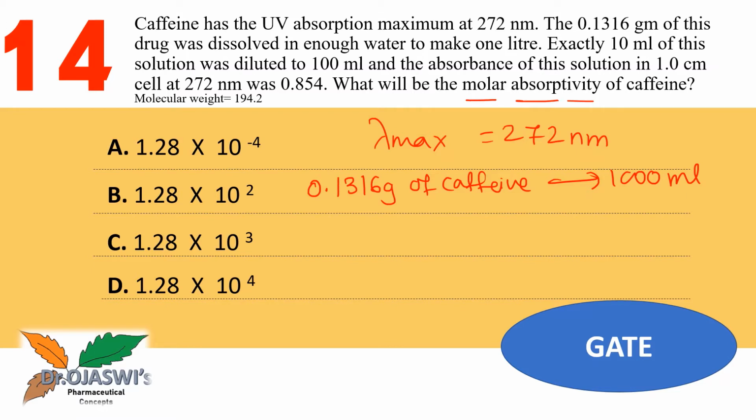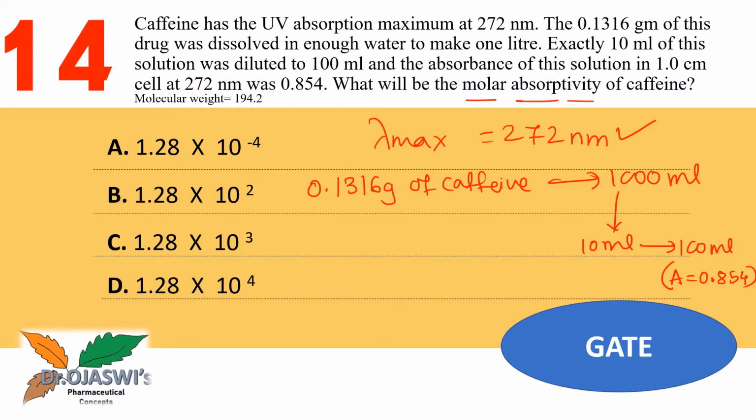So from this, 10 ml is withdrawn and diluted to 100 ml, and the absorbance of this solution in a 1 centimeter cell at 272 nanometers was 0.854. So here the absorbance is 0.854. What will be the molar absorptivity?